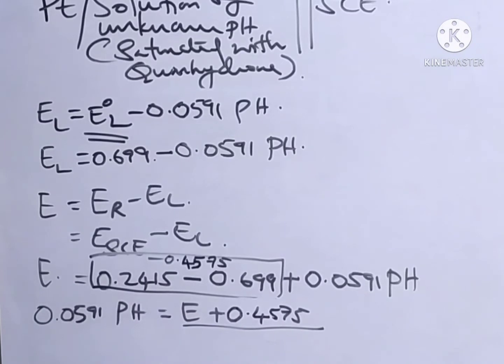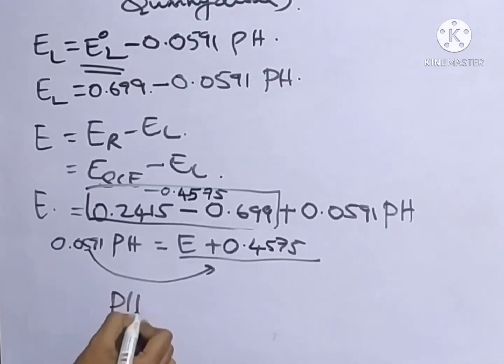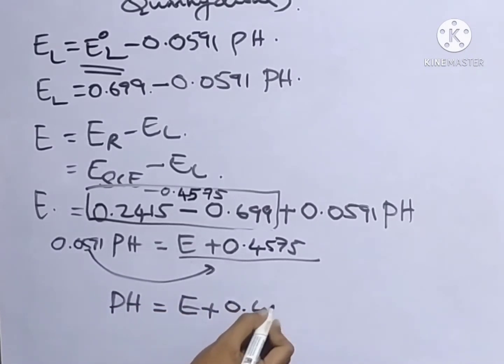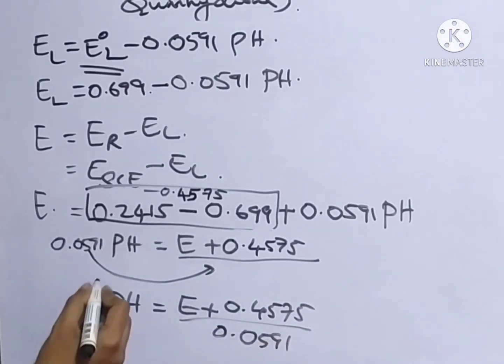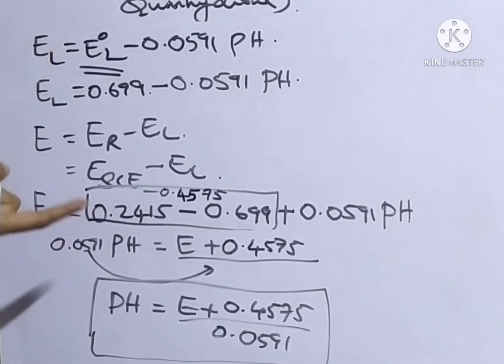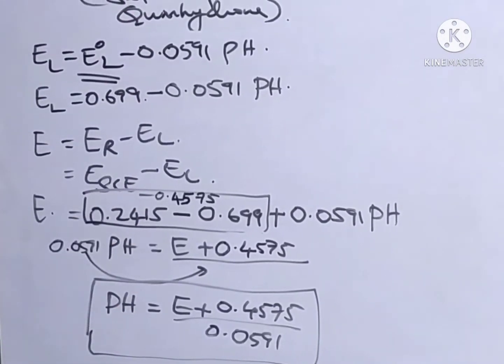Then we can bring this term here, so we will get pH equal to E plus 0.4575 divided by 0.0591. So this is the pH of this electrolyte when it is part of the anodic half cell.